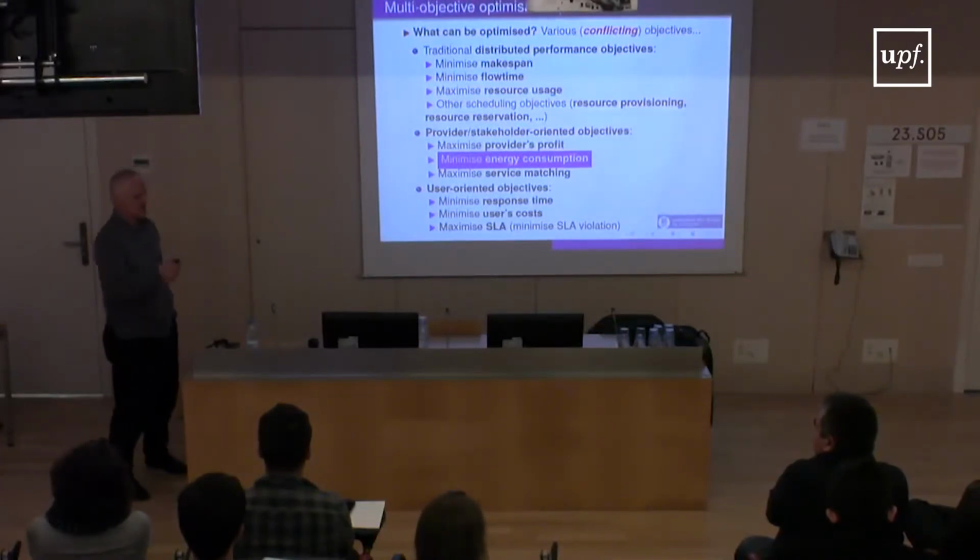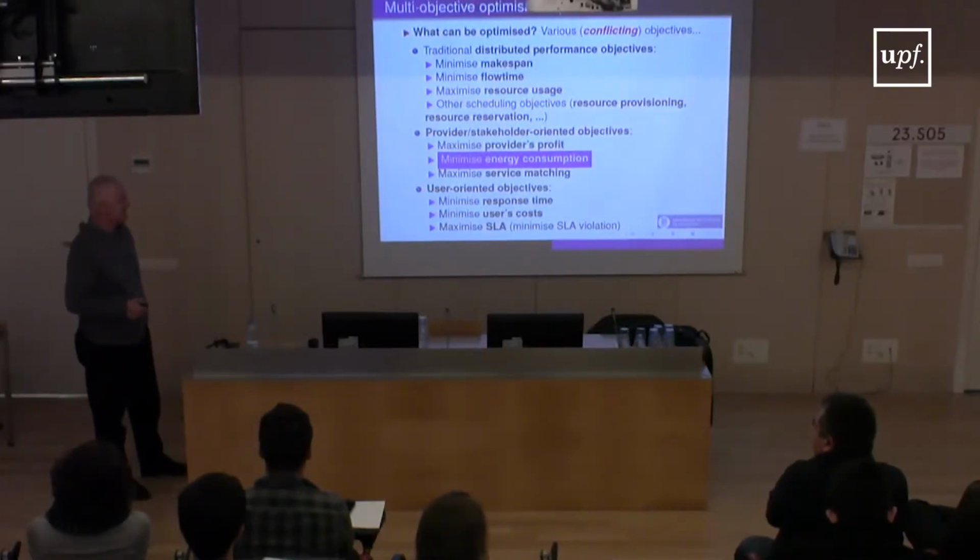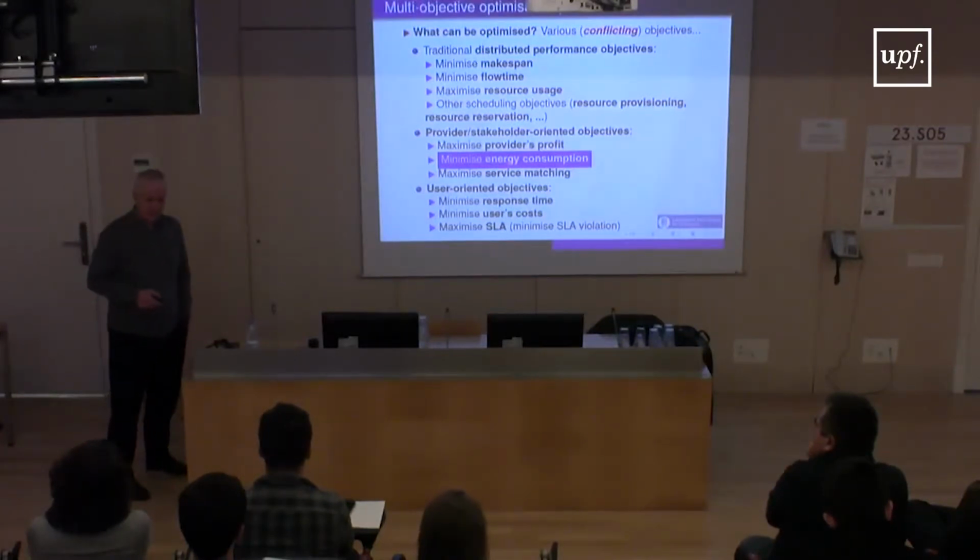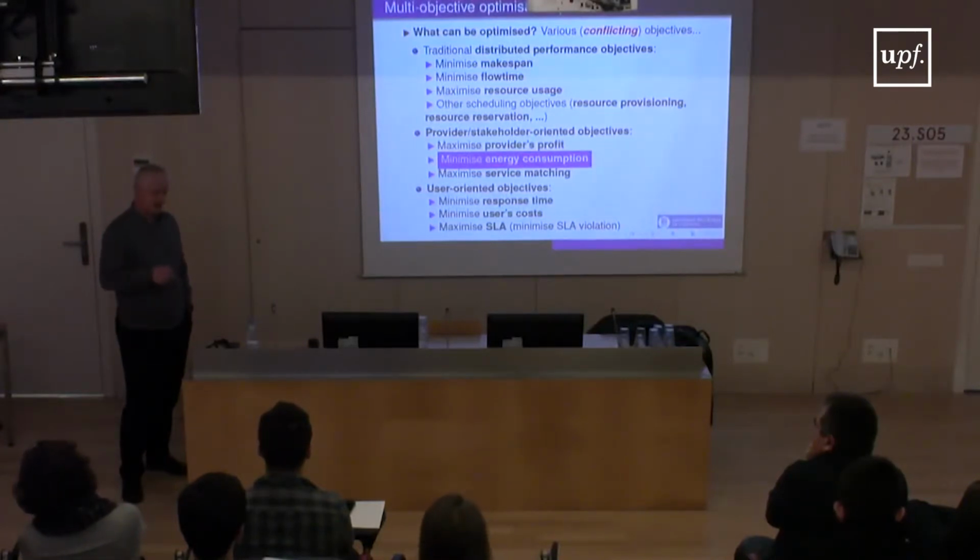So you'd like to, as I said before, optimize the profit of an array of providers. In this list, we could put also the minimization of the energy consumption. This is directly linked to the profit. So if you reduce the energy consumption, obviously you reduce the cost so you increase the benefit.